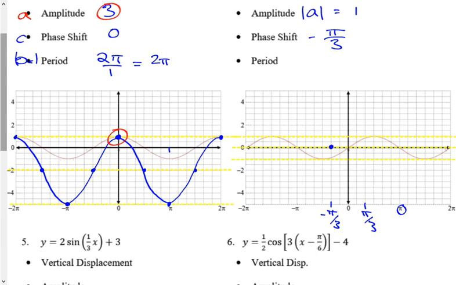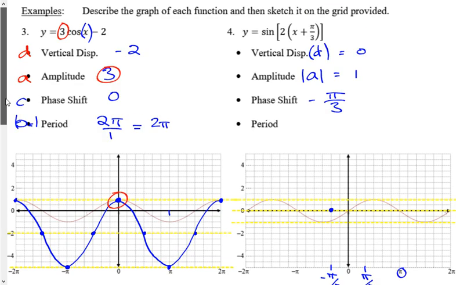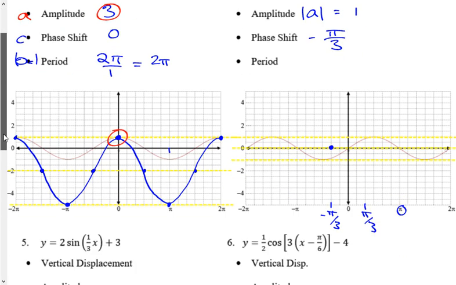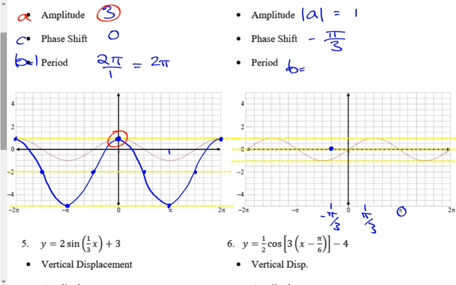Now I need to figure out where does one period for this graph end. So I look back up here, my b value is 2, which means my period is 2 pi over b, which is pi radians.